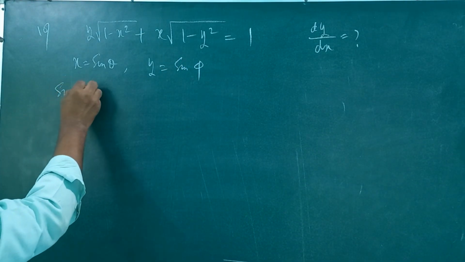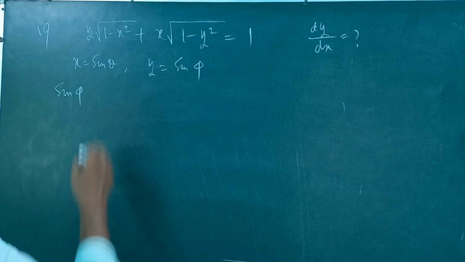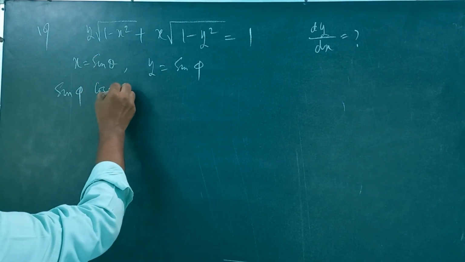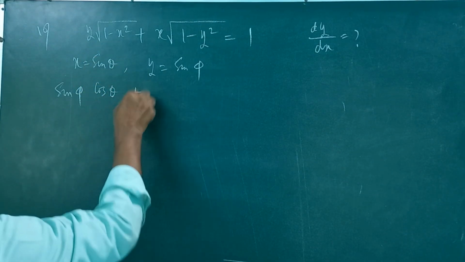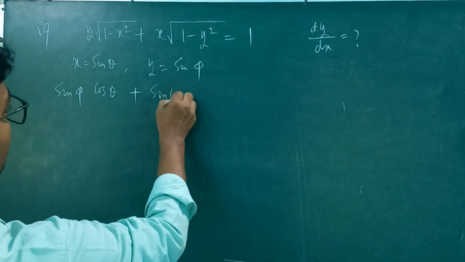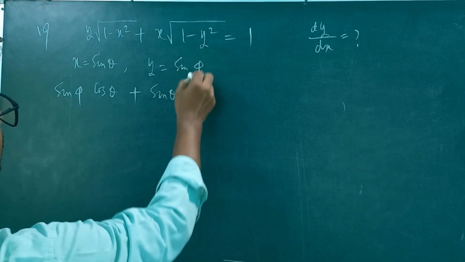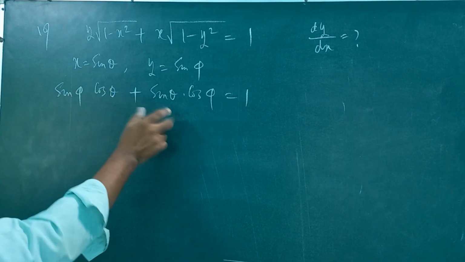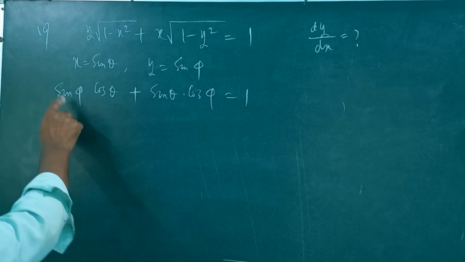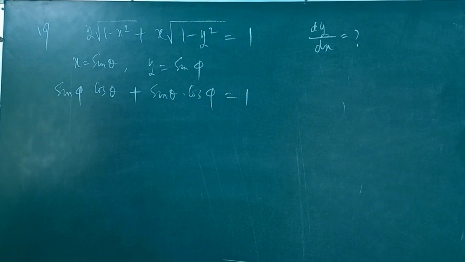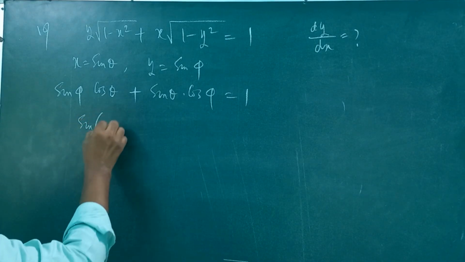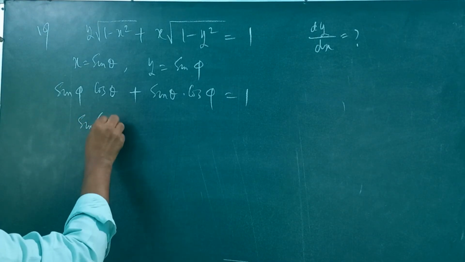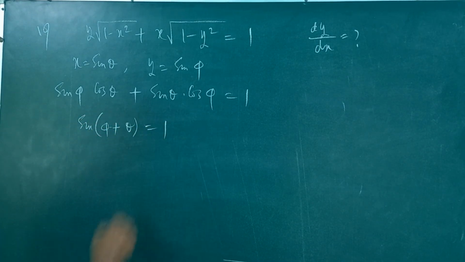Then this one sin phi, 1 minus sin square theta, that is cos theta, x is sin theta, 1 minus sin square phi, that is cos phi, this one is 1. So see, this is sin a cos b plus cos a sin b, that is sin(a plus b), sin(phi plus theta) equal to 1.